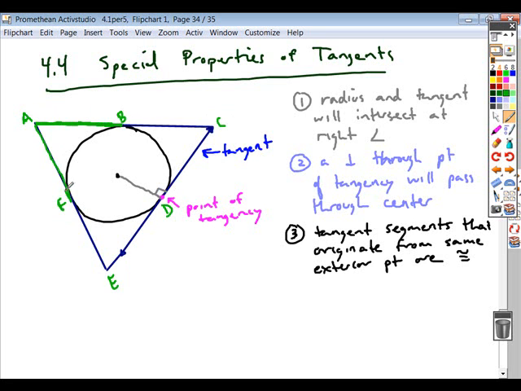So these two segments right here, from point A to the points of tangency, are always equal.